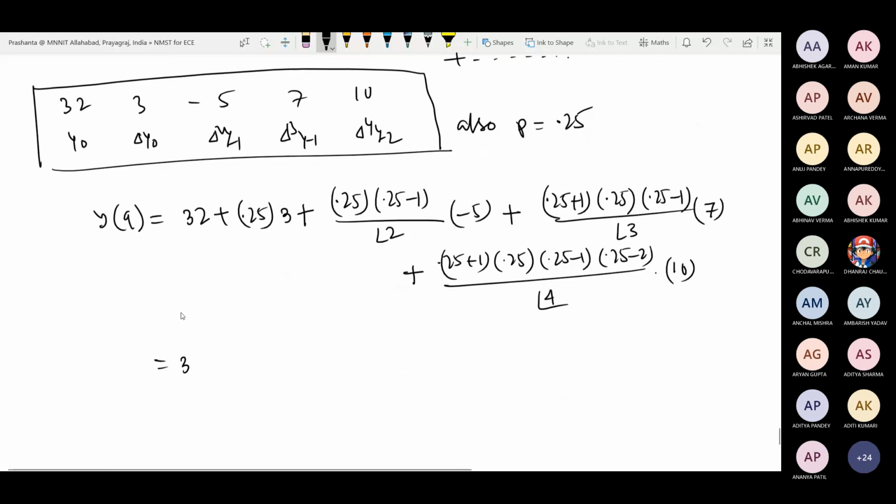First term is 32. What is the second term? 0.75. 0.75. Okay. What is the third term? Simplify. Use your mobile phone. You please bring calculator from next class. 0.03. Let me see.